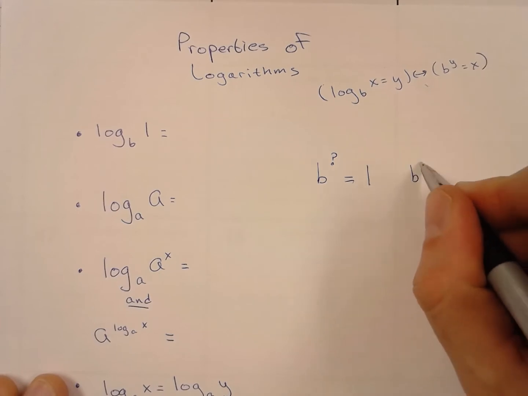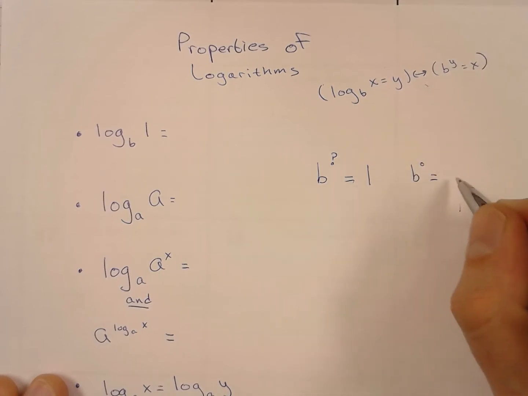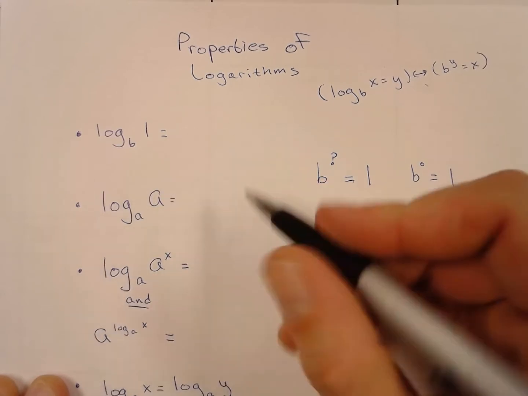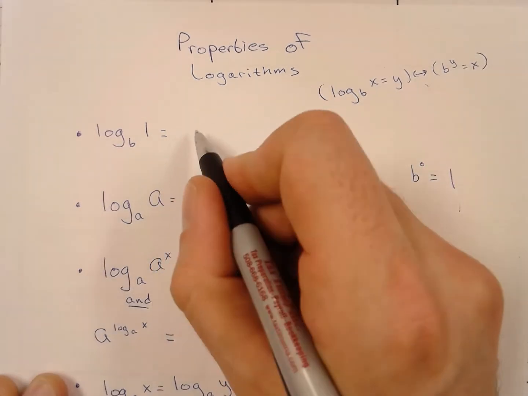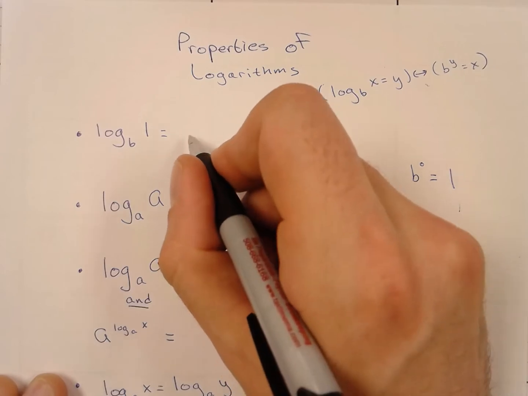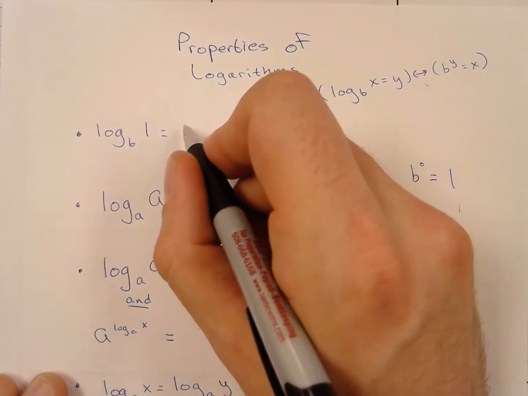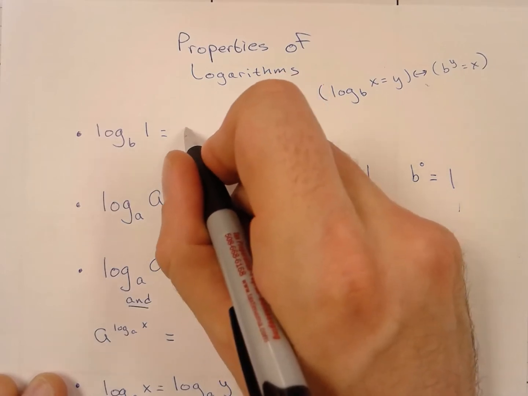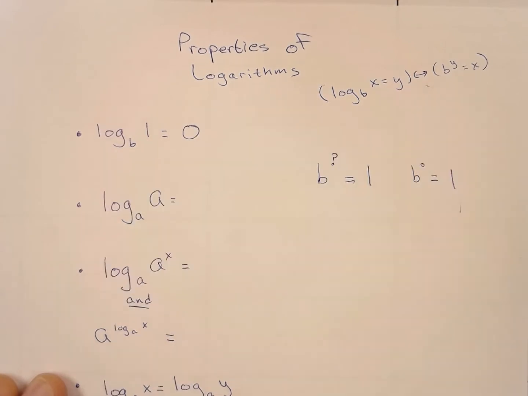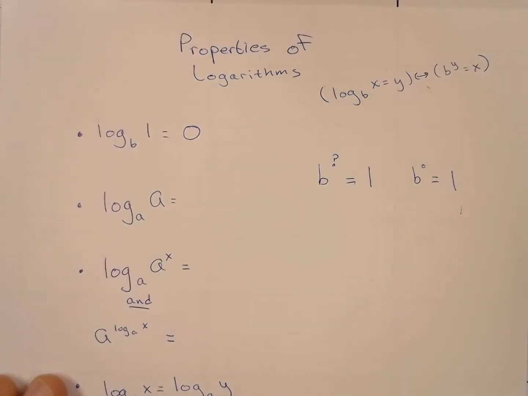So as long as b does not equal 0, anything raised to the 0 power is 1. So this property of logarithms, log base b of 1, as long as b is not 0, will always be 0. So that is a property of logarithms.